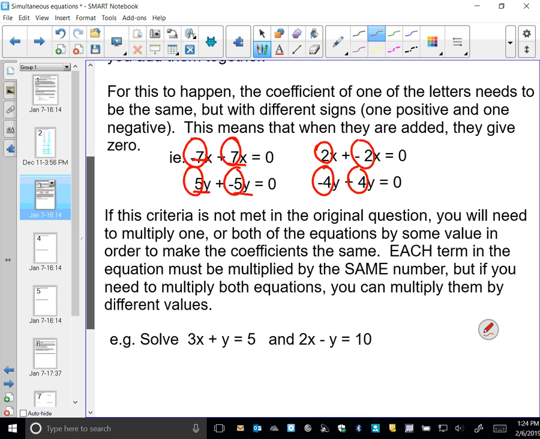If this criteria is not met in the original question, you will need to multiply one or both of the equations by some value in order to make the coefficient the same. Each term in the equation must be multiplied by the same number, but if you need to multiply both equations, you can multiply them with different values. Now, that's a lot of words. It's much, much easier once we get going with the actual example.